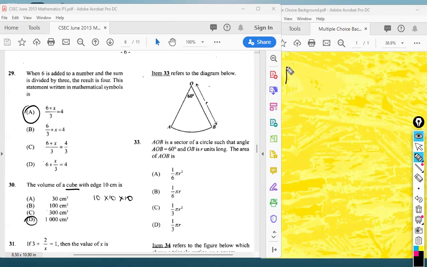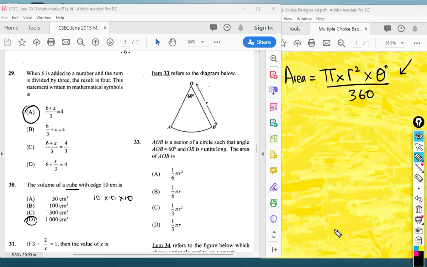And the area of a sector is pi multiplied by radius squared multiplied by the angle divided by 360. I believe they give you this formula in the formula sheets, but no harm in trying to remember it, right? So it's pi, they did not give you the radius.